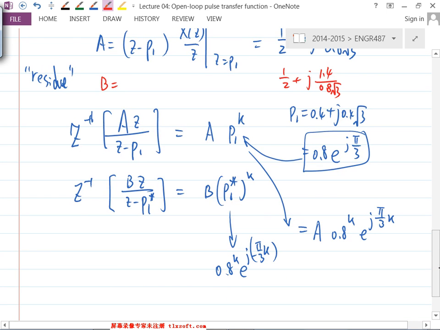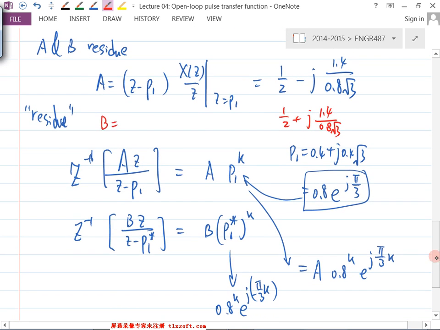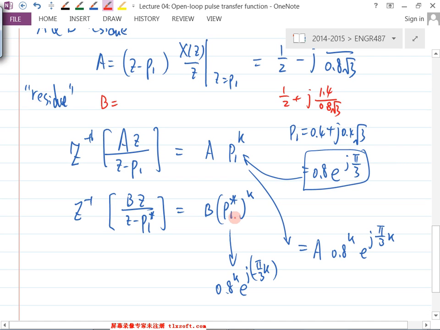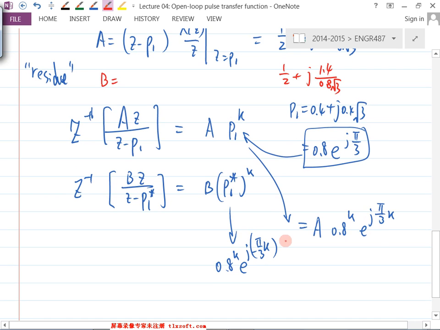Now the rest of the job is basically the inverse is this plus this. I'll rewrite e to the power of j pi over 3 back into the complex a plus jb format: cosine plus j sine.